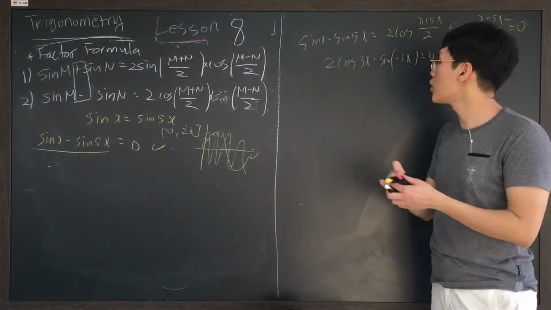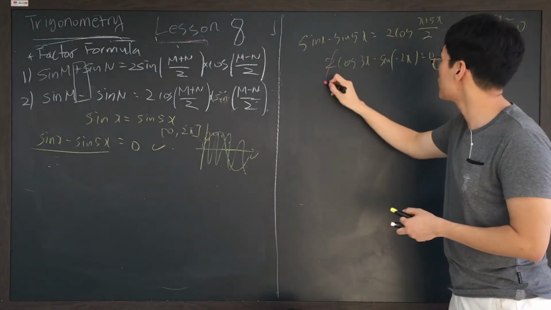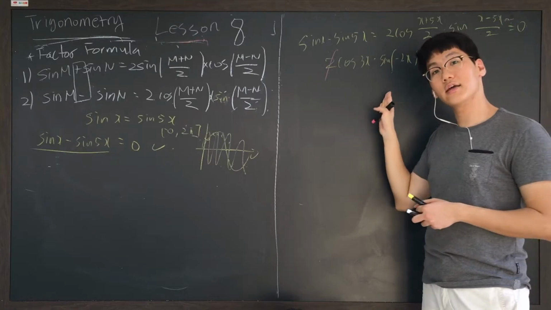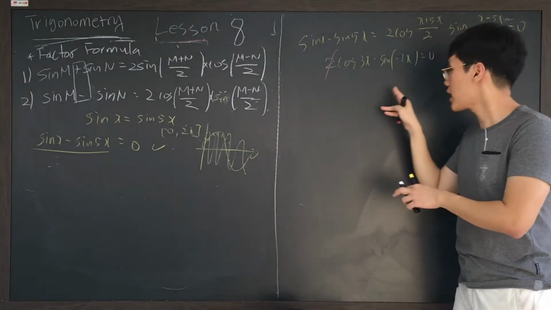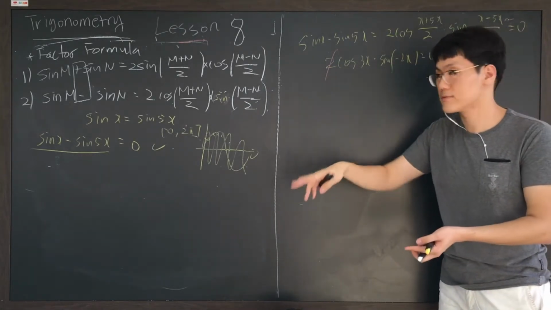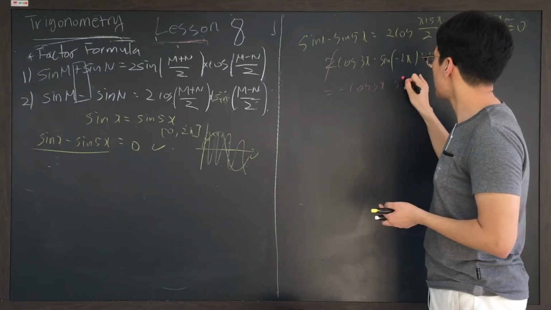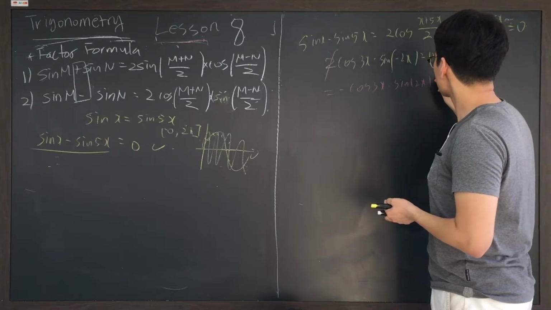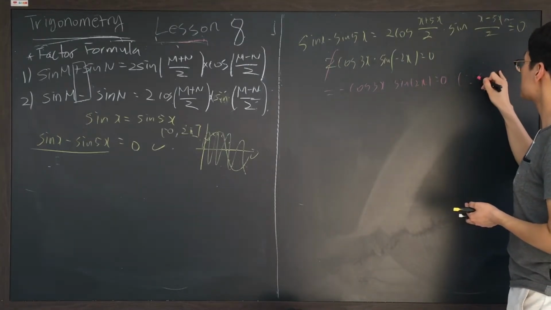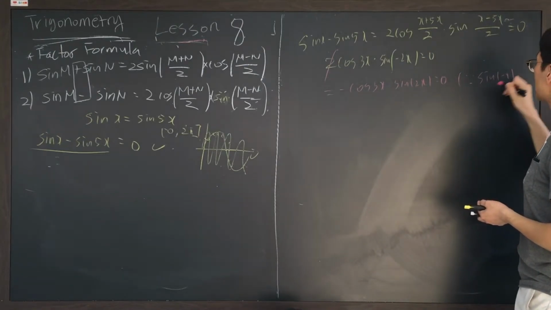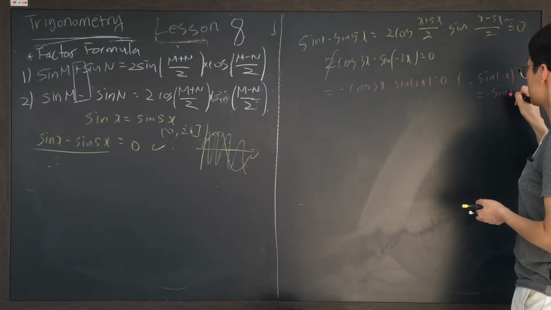We can divide by 2 on each side. Also, for sine negative 2x, because sine is an odd function, the negative factor will come out as being negative. So it's going to be minus cosine 3x sine 2x is equal to 0, because sine of minus x is equal to minus sine x.